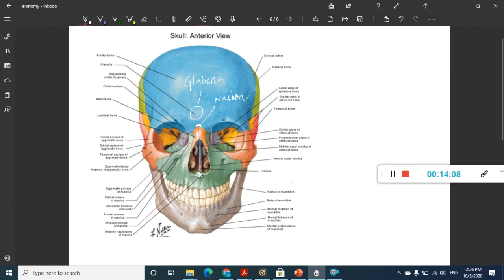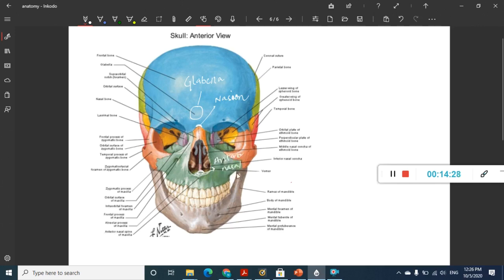And you have this elevation, which is an elevation of the maxillary bone. This is called the anterior nasal spine.